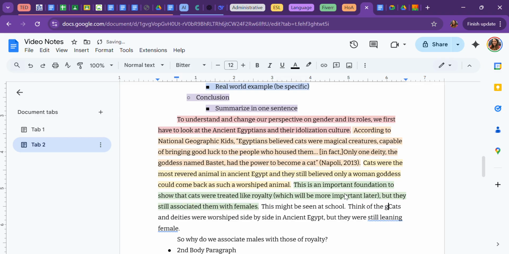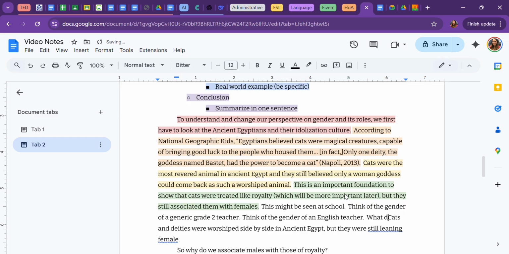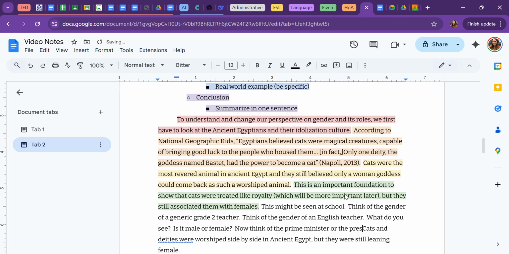Think of the gender of a generic grade 2 teacher. Think of the gender of an English teacher. What do you see? Is it male or female? Now think of the prime minister or the president. Is that male or female?